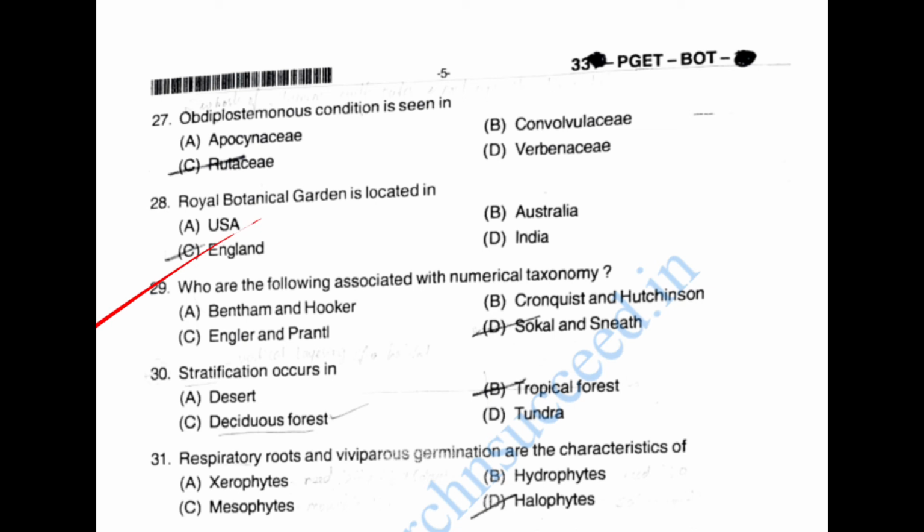Who among the following is associated with numerical taxonomy? Clear? Name the two scientists who are associated with phenetics. Phenetics means what? Numerical taxonomy. And they are Sokal and Sneath. Clear? Sokal and Sneath are associated with numerical taxonomy, or that is called phenetics.